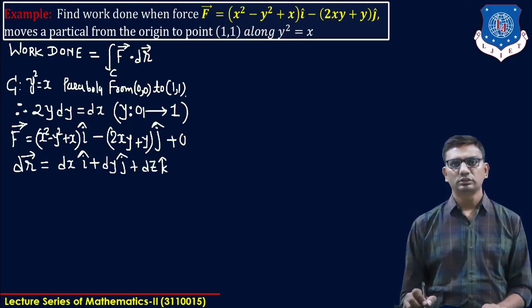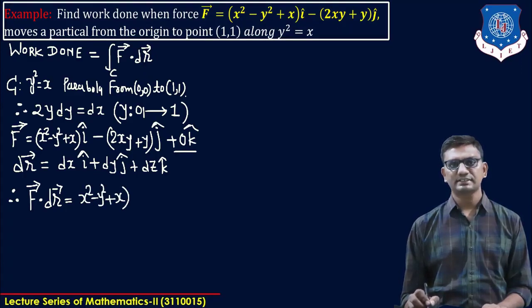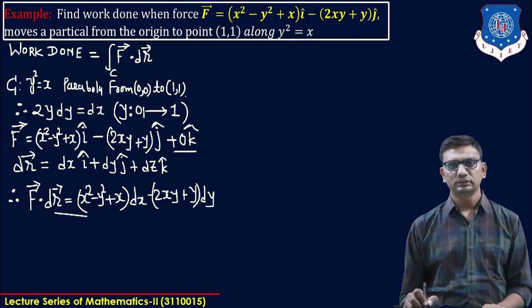Now here we have a 0 k caret which is not given in the force. Therefore f bar dot dr bar equal to x square minus y square plus x dx plus minus 2xy plus y dy, that is our f bar dot dr bar.